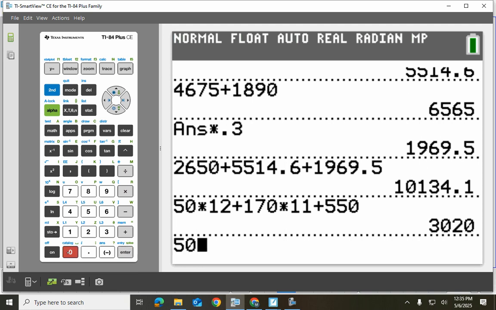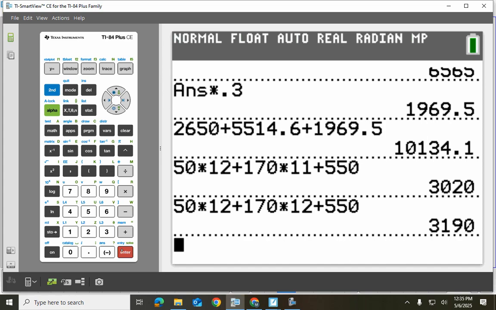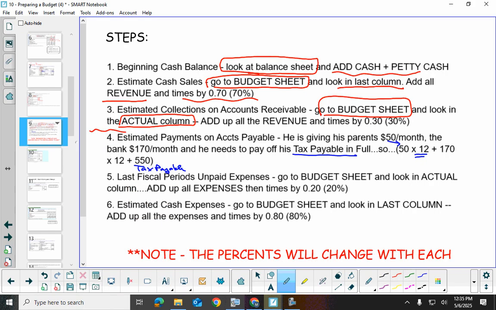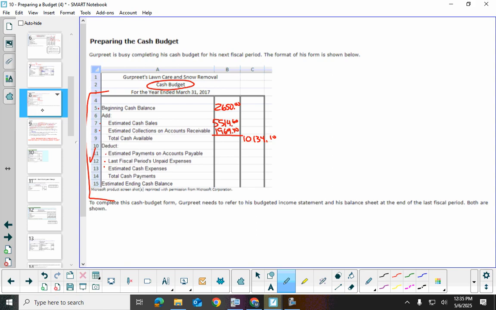Hold on, I did that wrong. 50 times 12, 170 times 12, 550. 3190. Okay, so 3190 is here.